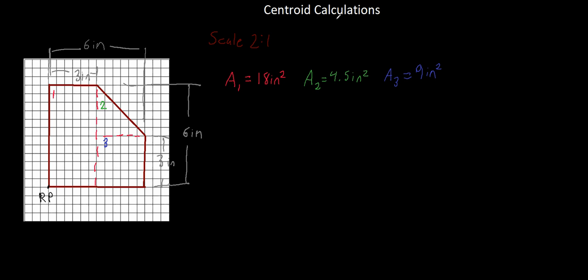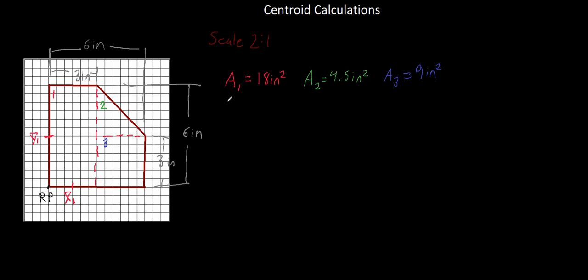Let's go ahead and find out where our centroids are. So this first one is clearly going to be halfway across our rectangle in the x direction. This is going to be, let me pick a fatter color here, our x1 distance to our centroid, whereas this will be our y distance to our centroid for shape 1, or I'm just going to call it y bar 1. Okay, so what are these numbers?